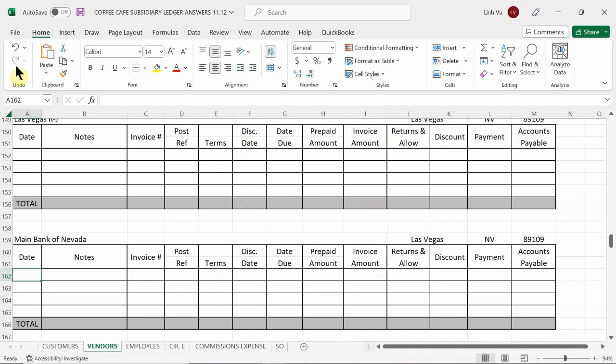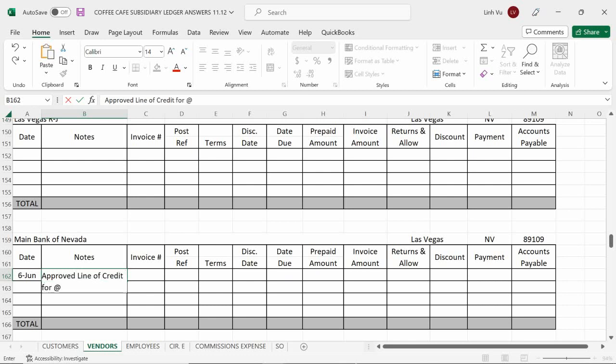In this case, I'm going to put the date in here just because I want to know that I got approved on the 6th of June. And I'm going to put: approved line of credit for $10,000 on overdraft protection fee and personal loans, okay?